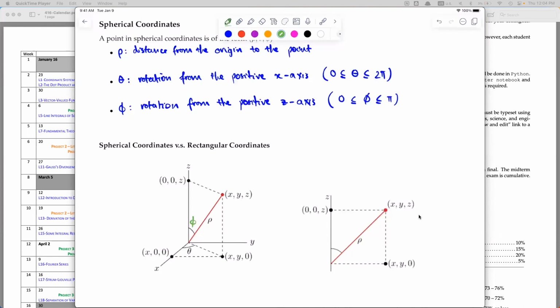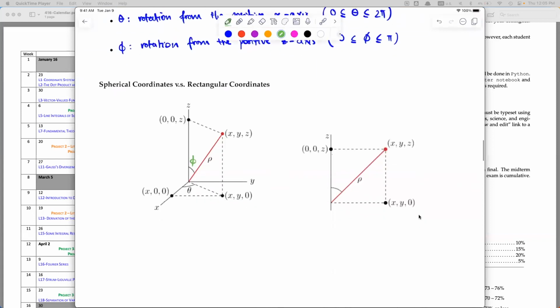This side is r, this side is z, and this dotted line right here is this dotted line. And this angle right here is a right angle. And here is also a right angle. It's the weird thing about the three-dimensional system that it doesn't really look like a right angle, but I can show it. That is actually a right angle.